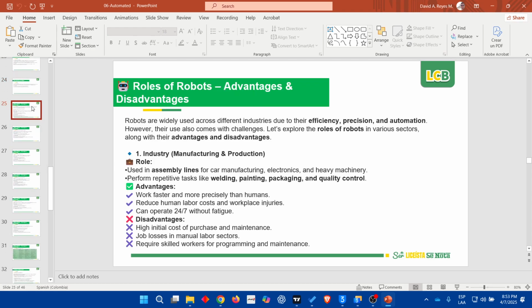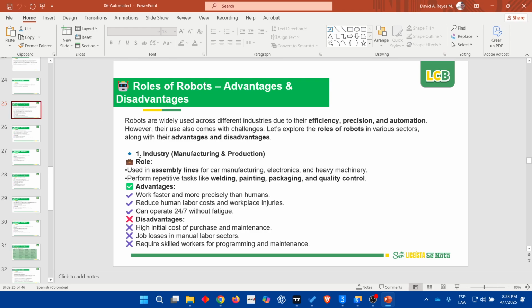Okay, next one, roles of robots, advantages or disadvantages. So you could use robots in industry. The role is to use them on assembly lines, to assemble things.